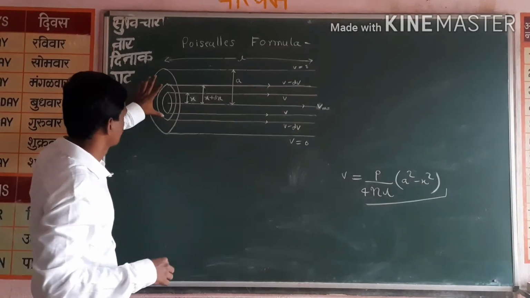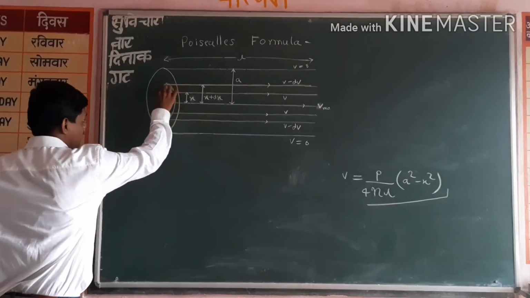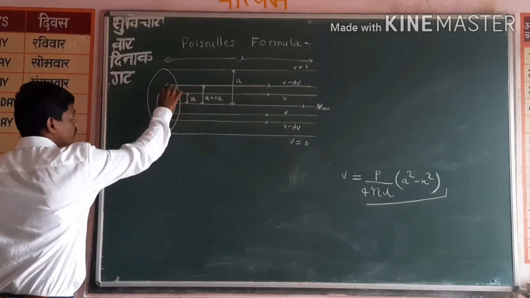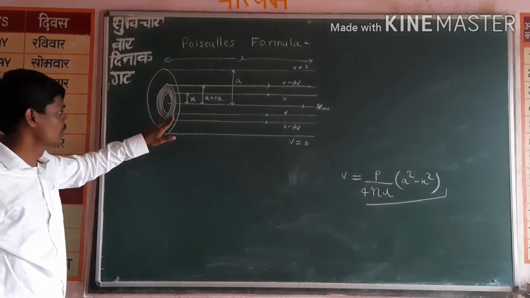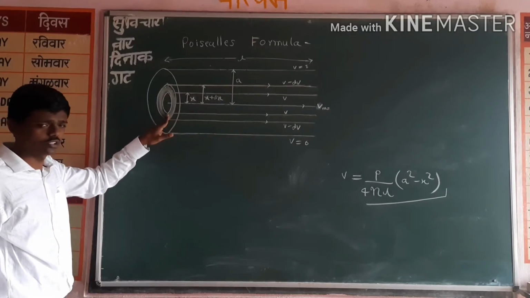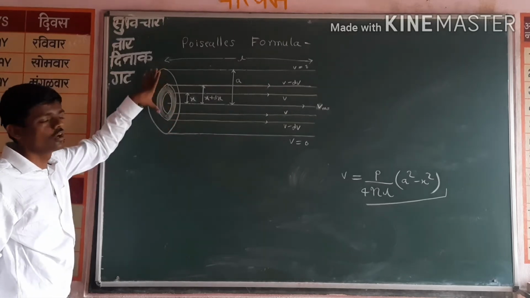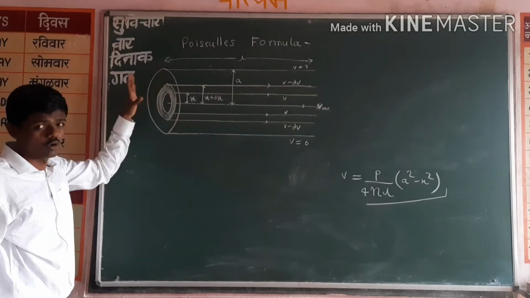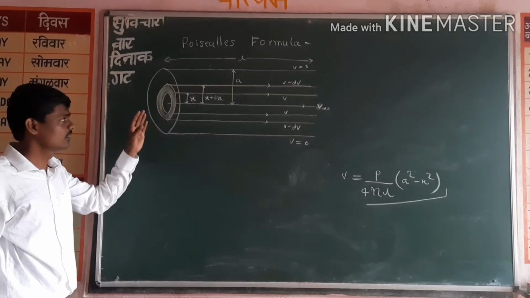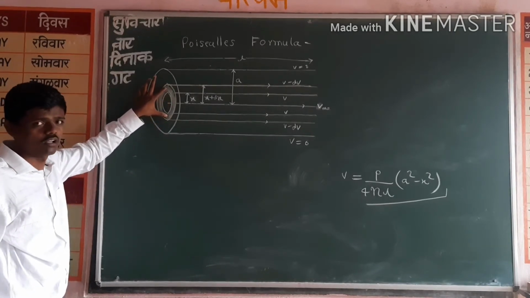Let's consider the cross sectional area of this tube. If we find the volume passing through this cross sectional area, then by integrating it we will get the whole capillary's volume, the liquid flowing through the whole capillary, by integrating the small volume.